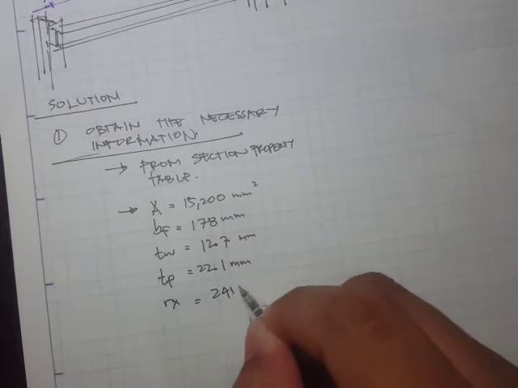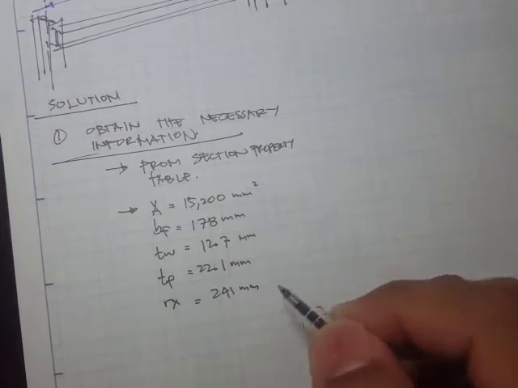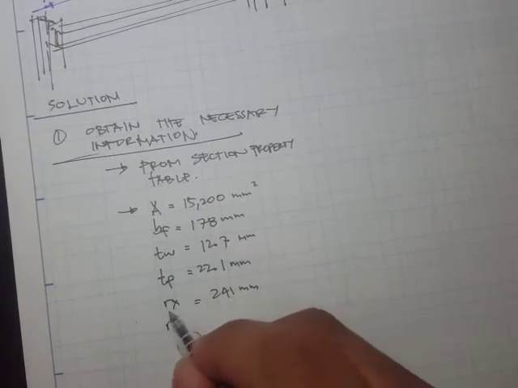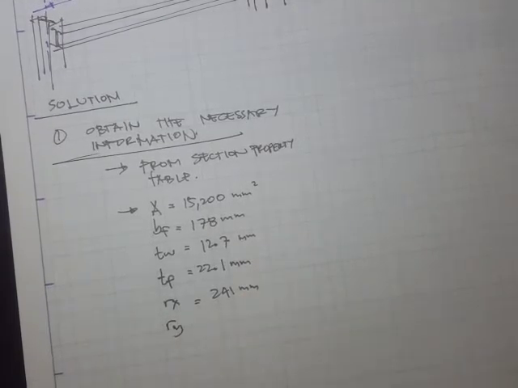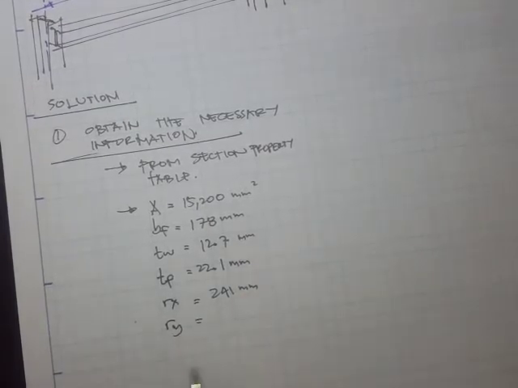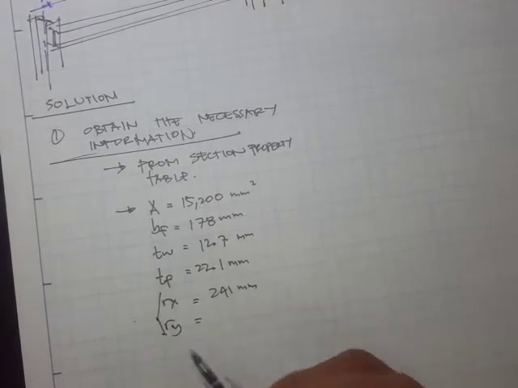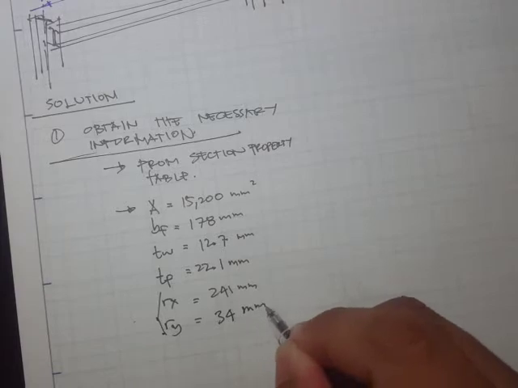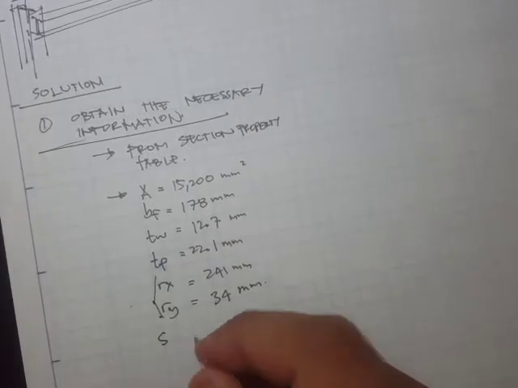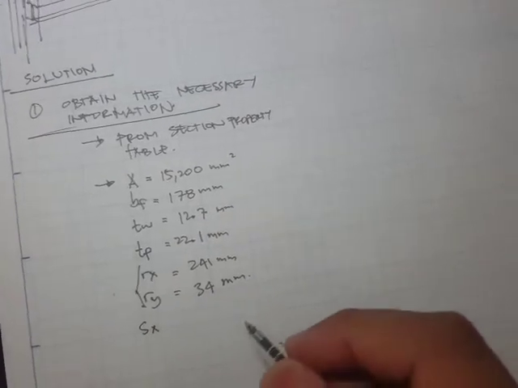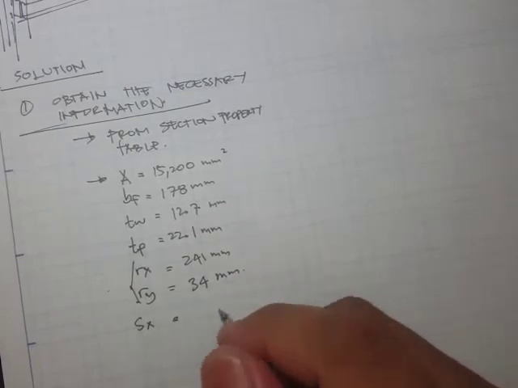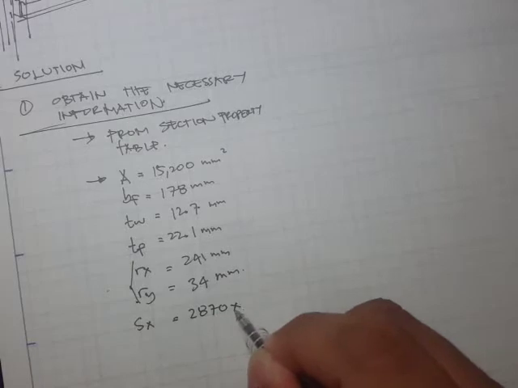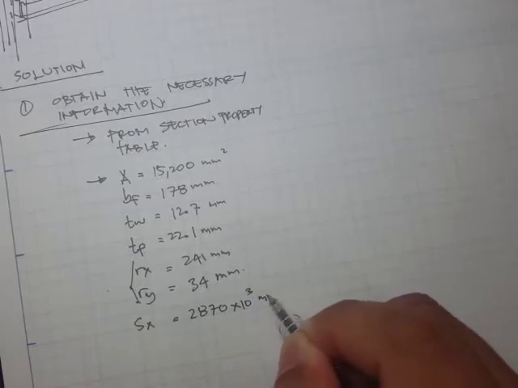That's 241 mm along the x. I don't know if we need the radius of gyration along the x or y, and I'll just write it here. This is 34 mm, and we'll also need our section modulus along the x, 2,870 times 10 to the 3 mm cube.